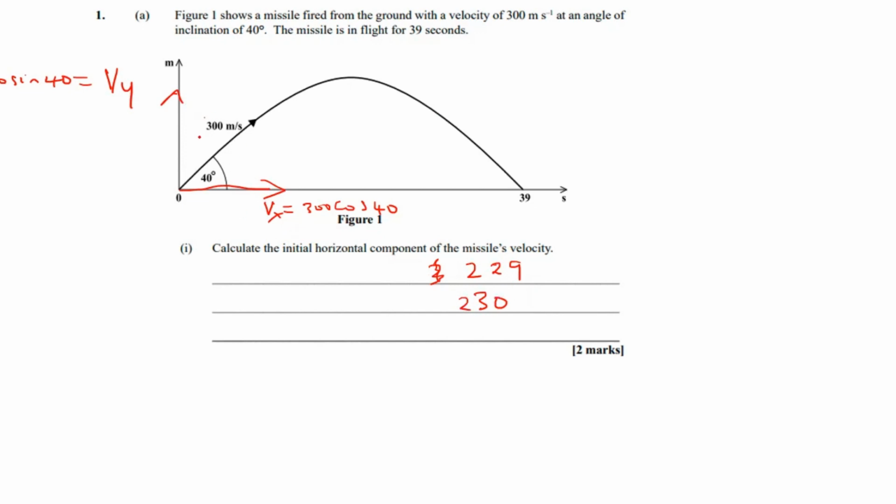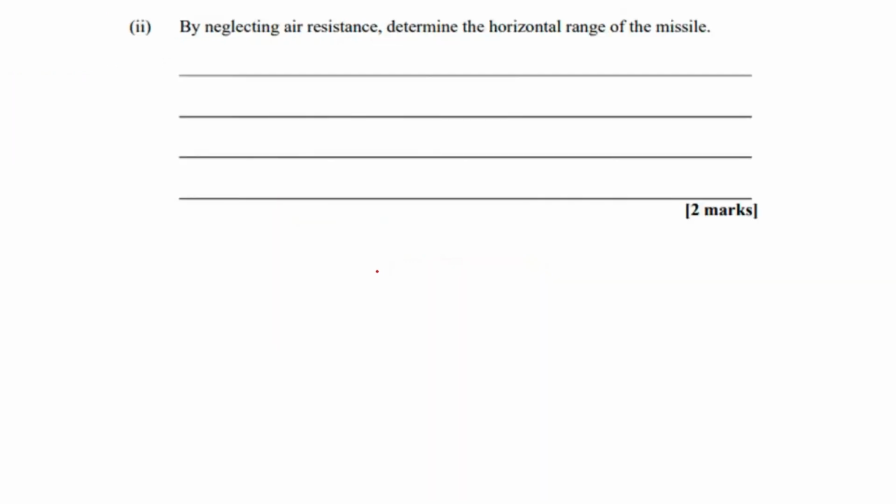Since we started out without any decimal points, let's not include any, because that would be speaking as if it is more precise than what we started out with. So let's just stick with that. You just round it to the nearest value. All right, so that gives you 2 marks.